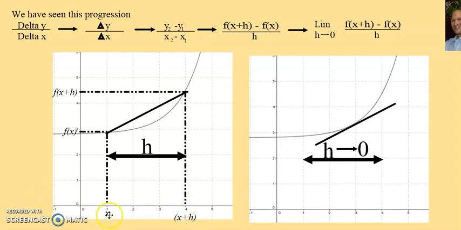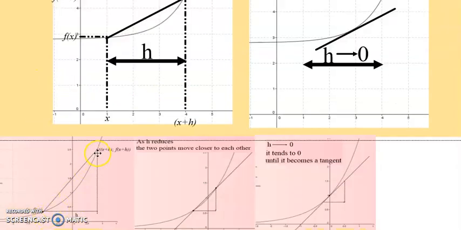If I substitute it into the function, I will get f of x, and for this point I will get f of x plus h. So we notice that the distance between 2 points, we can find the gradient of the line between those 2 points. We can take those points closer to each other and we can calculate the slope between those 2 points.